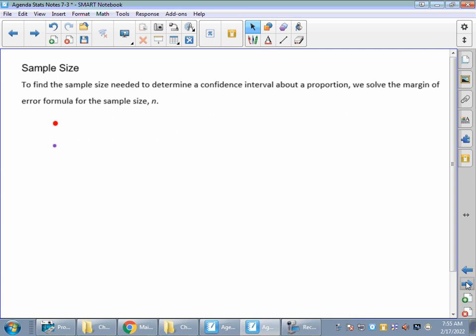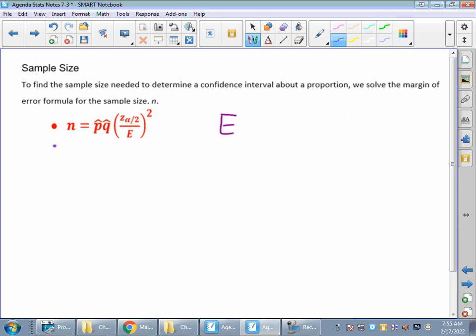We did that in 7.1b. I did it for you here. So N is equal to P hat times Q hat times your Z value over E, all squared. Remember, what does E stand for? Margin of error. And typically our clue word for margin of error in these finding sample size problems is the word within.